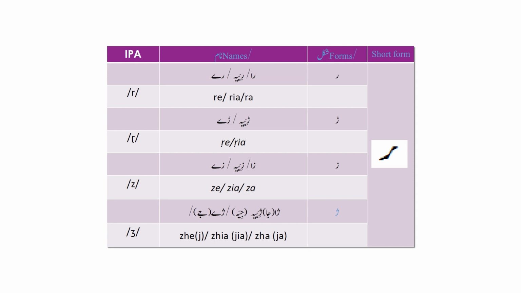Dia, De. Za, Zia, Ze. Ja, Jia, Zhe. So we have names of these alphabets, and we name them in 2 other ways as well, the International Phonetic Association's standardization, which you can see at the end.